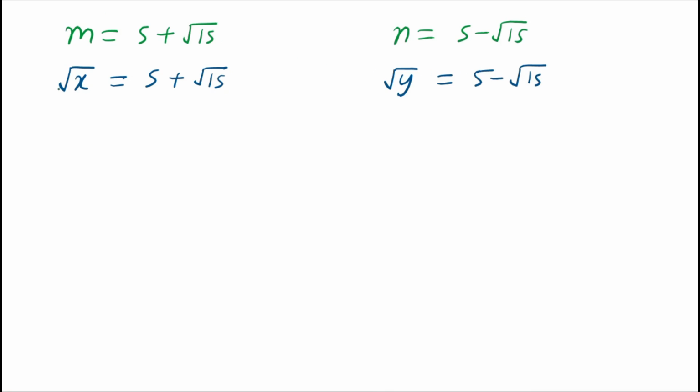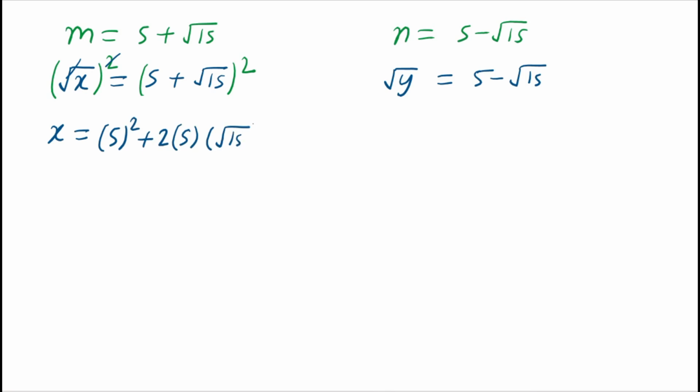Now if we take square on both sides, on the left hand side this square root is cancelled out by this square. So here x is equals to, we will apply a plus b whole square. This is 5 square plus twice of 5 times square root of 15 plus square root of 15 square.